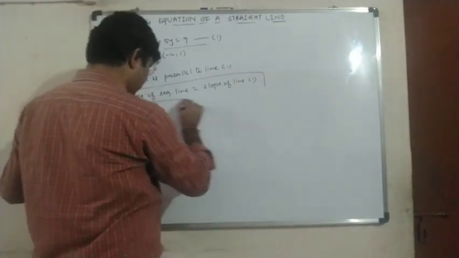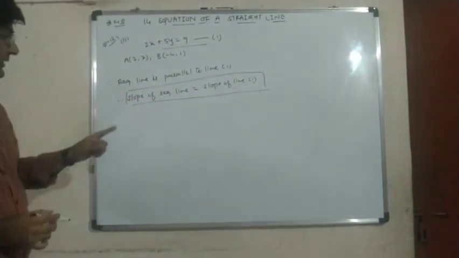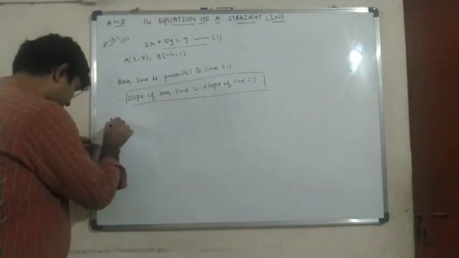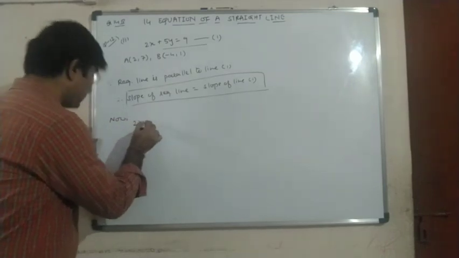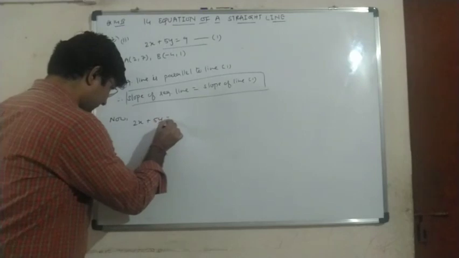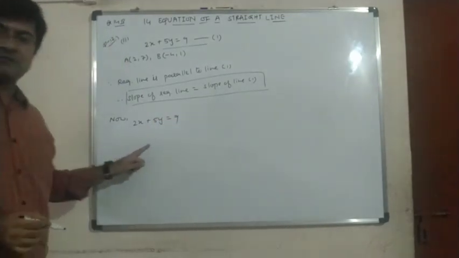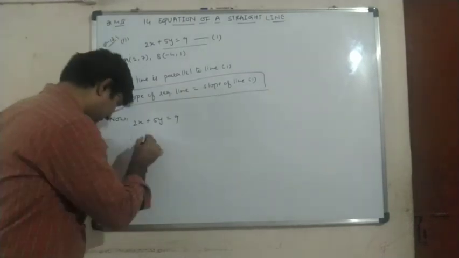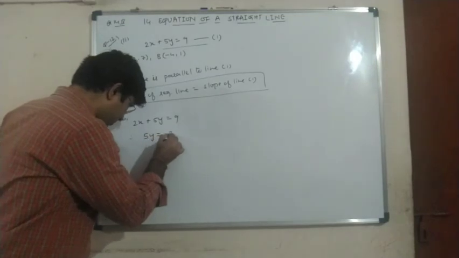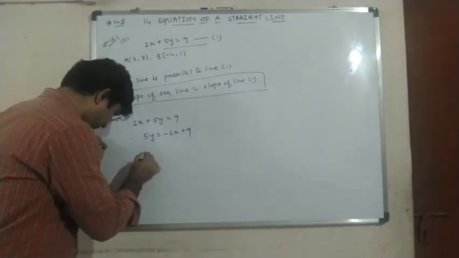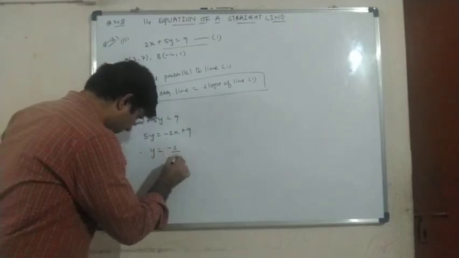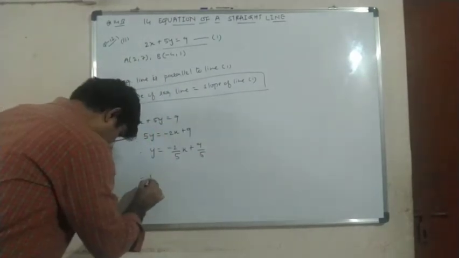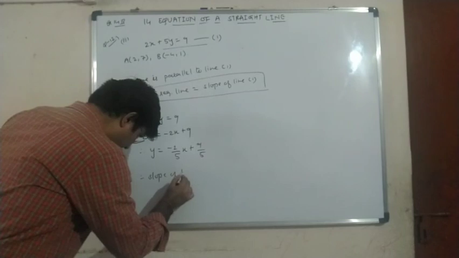Now we will find the slope of the given line, which will be the slope of the required line. We are given 2x + 5y = 9. We will convert this equation to y = mx + c form. In other words, we will make y the subject. So 5y = -2x + 9. Therefore y = -2/5 x + 9/5, and therefore the slope of line 1.